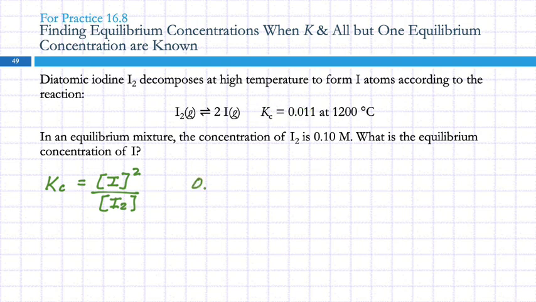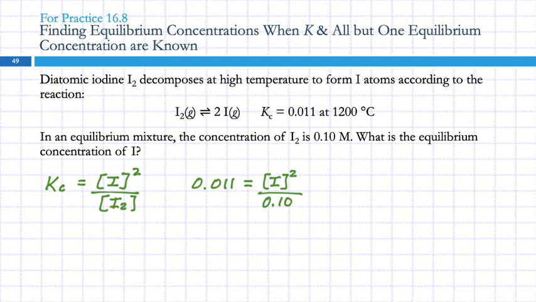So that's 0.011. And that is going to be equal to the concentration of I squared, that's what we don't know, divided by the concentration of I2, which we do know. Oops, it helps if you can copy the numbers down correctly. So this is a pretty straightforward equation. So let's just run through real quickly how you would solve that.